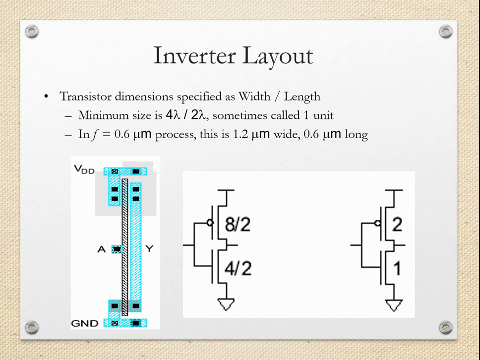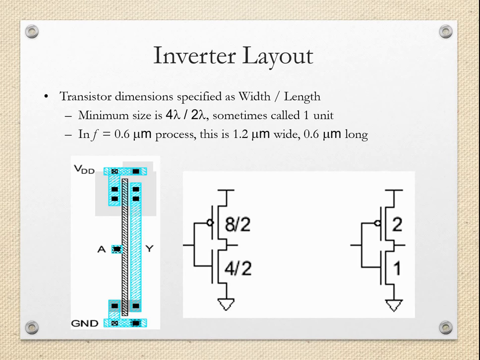So how are the layouts prepared, which are the different rules? For preparing these layouts, some backend tools are used, and these tools have the inbuilt facility for checking the different rules of layouts. One is the DRC, that is design rule check, where all these lambda rules which we have just seen in the last slide will be checked one by one.